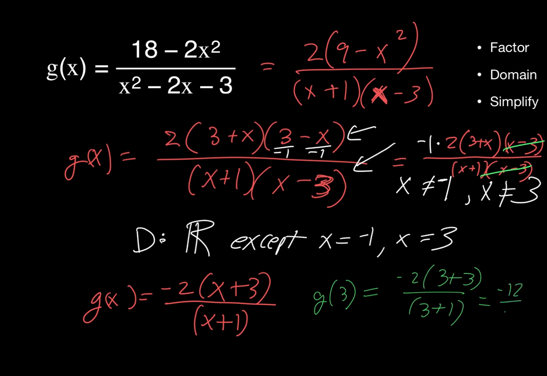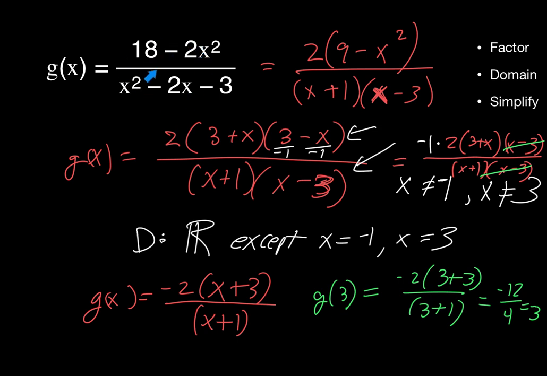In the bottom, I'll have 4, and that's negative 3. So technically, when I put 3 into this equation, I get an answer. If I put 3 into this equation, I will have 0 in the bottom and I'll have undefined.